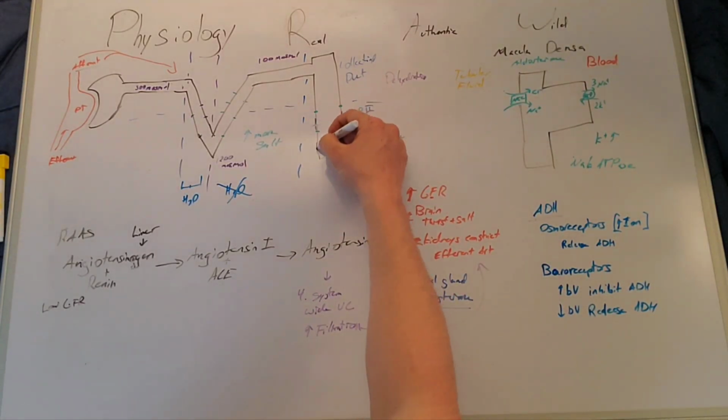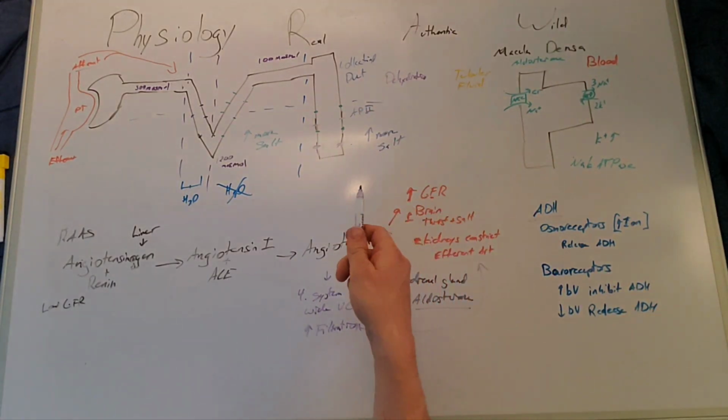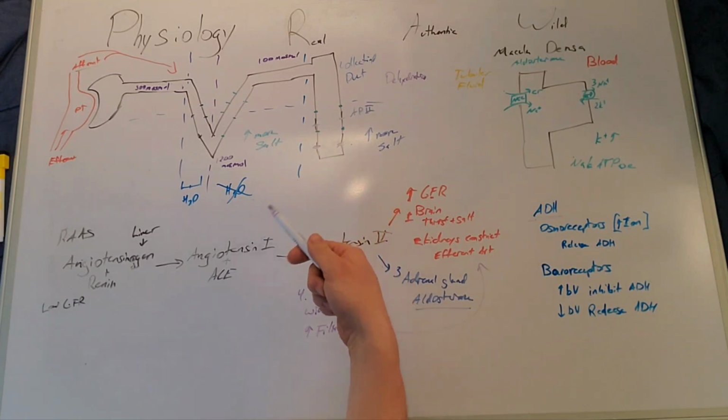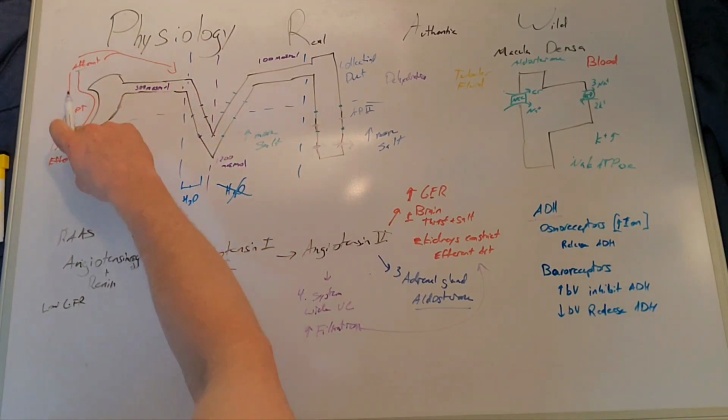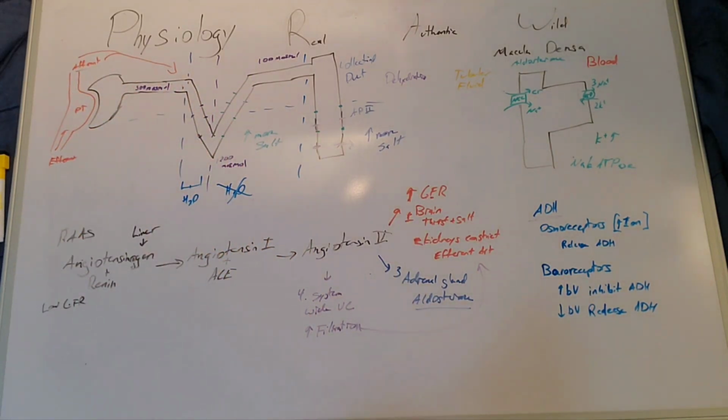If we put more in there, then water can follow its gradient by osmosis and leave to get back into the blood. That's how, if we're dehydrated, we can manipulate those two things to help us maintain the water we do have.